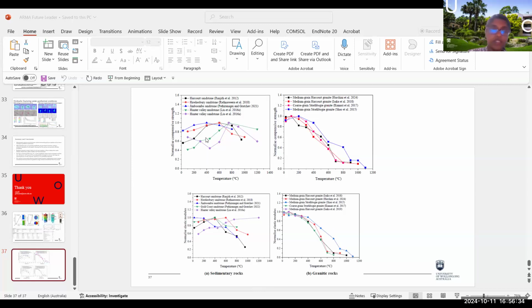There's not much difference, but this can vary from type to type. But granites showed quite consistent behavior in these experiments. But we need to do laboratory scale experiments to understand this behavior when you change the material. From the upper right one, it shows that after more than 200 degrees C, you will see the strength decrease for granite.